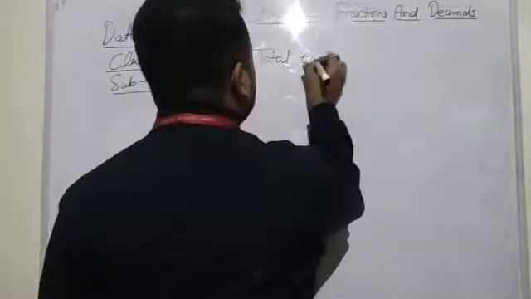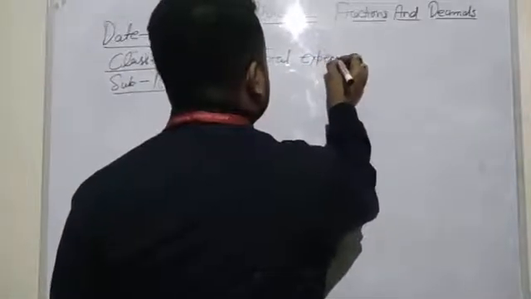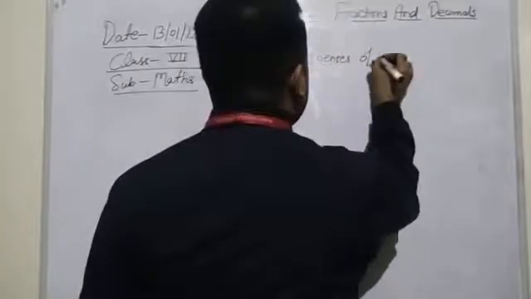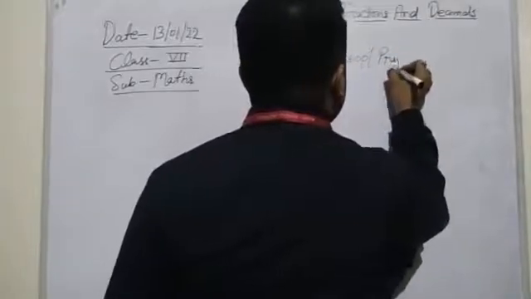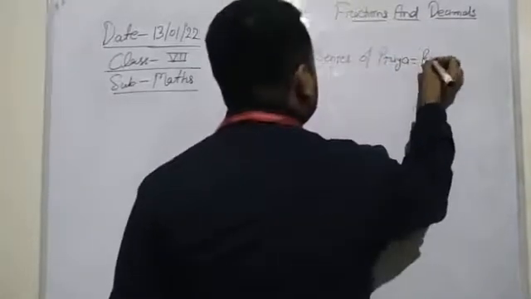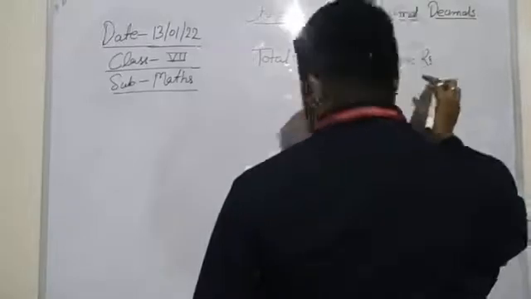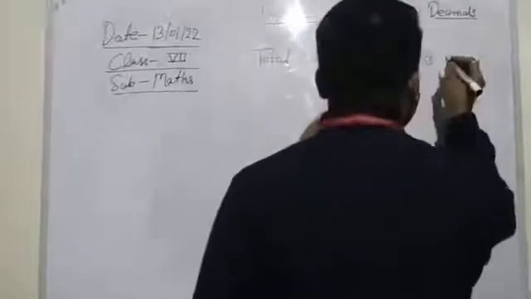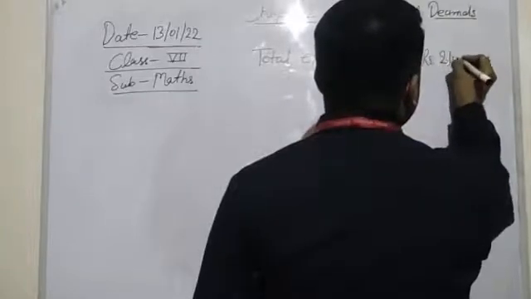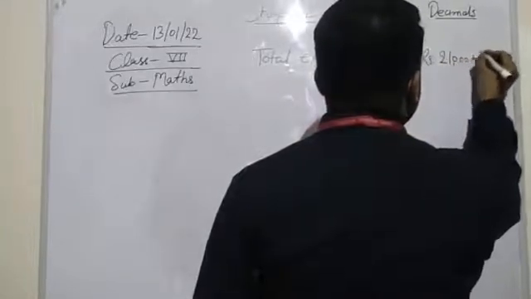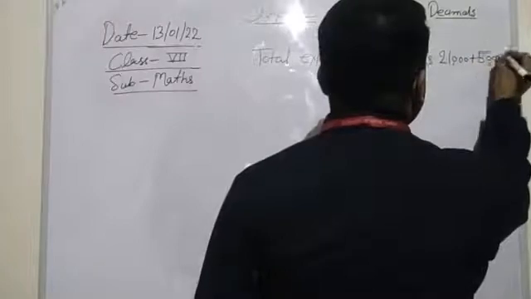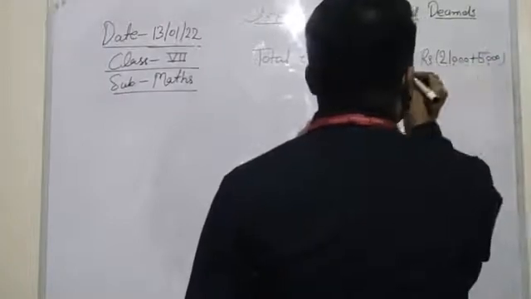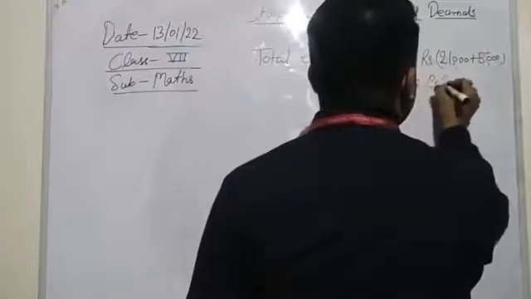Now total expenses of Priya is rupees 21,000 plus 5,000, that is rupees 26,000.